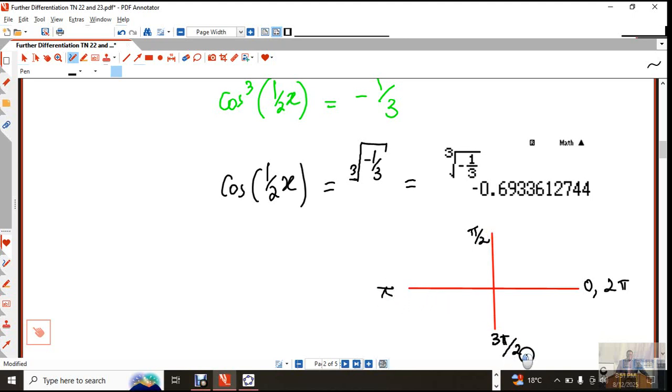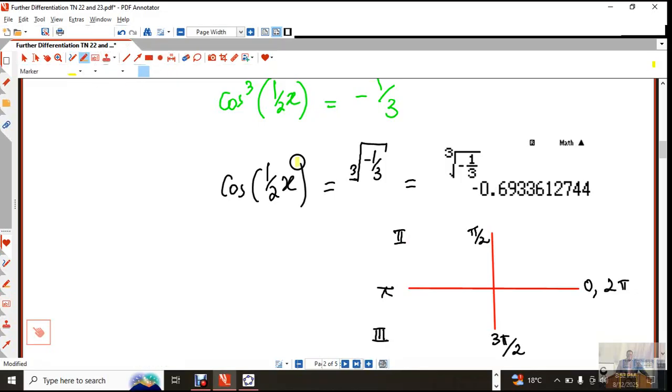This is 3 pi over 2, or 270 degrees. Now, we know from our work over here that the cosine ratio is negative in the second quadrant as well as in the third quadrant. In the first quadrant, it's positive.